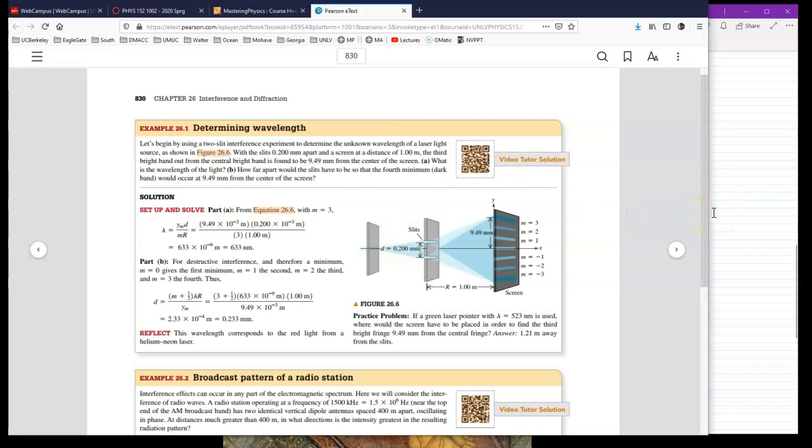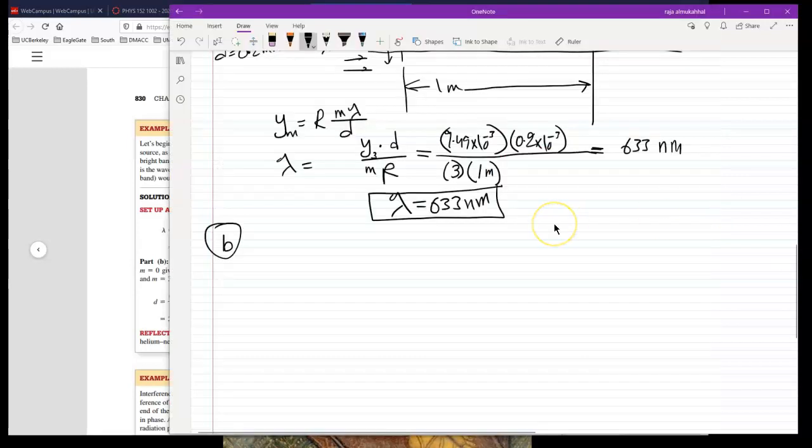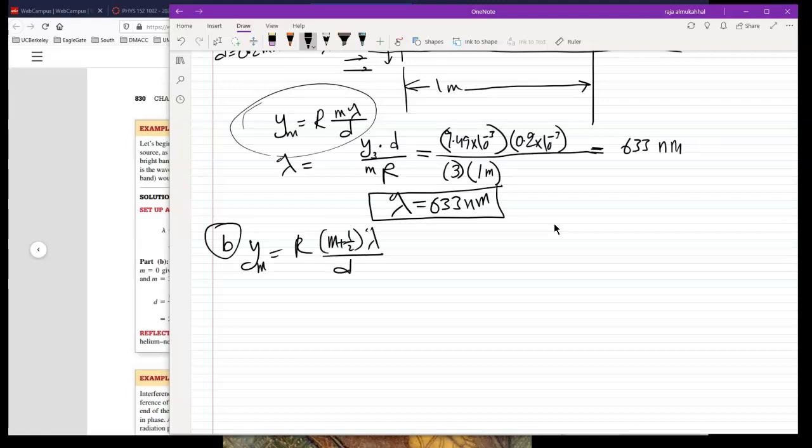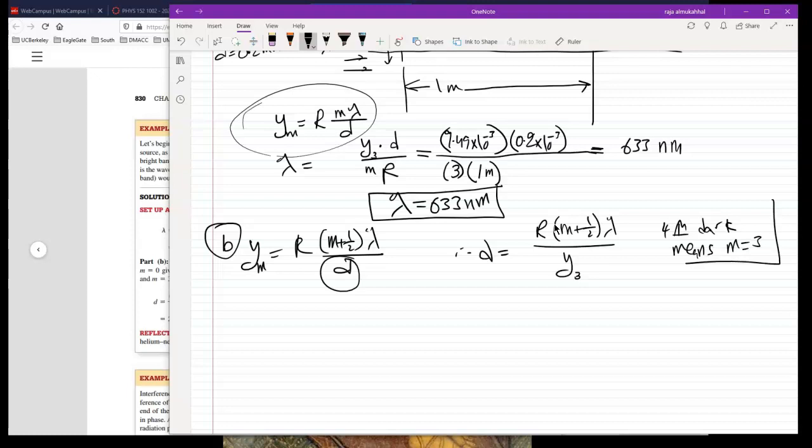Anyway, so he wants to know the D here. So we gotta use the formula that's similar to this one for the dark, which is this one. Y sub m is R, m plus half, lambda over D, and of course I'm solving for D. So D in this case would be equal to R, m plus half, lambda over Y sub 3. Remember, fourth dark means m equals 3. Just subtract a 1. Plug it in.